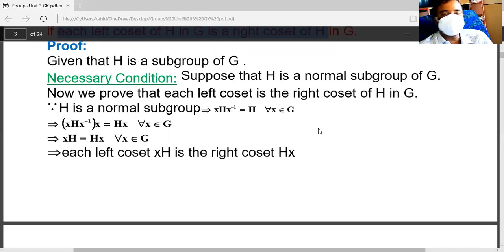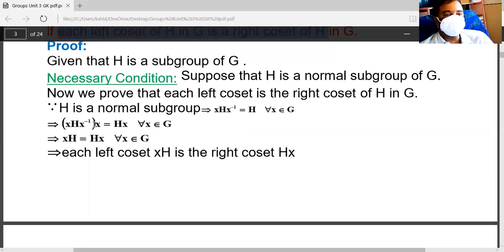We know that the condition of the normal subgroup is, since we have H is a normal subgroup, that implies x inverse Hx is equal to H by theorem 1. Just we have learned it. Now I am multiplying on the right side with x on both sides. Okay, right? On the left side x inverse H multiplied by x, or on the right side H multiplied by x.